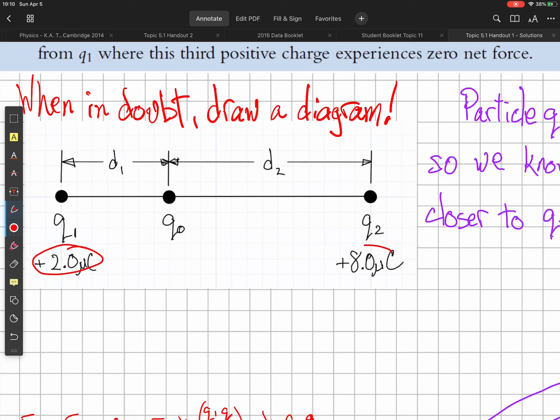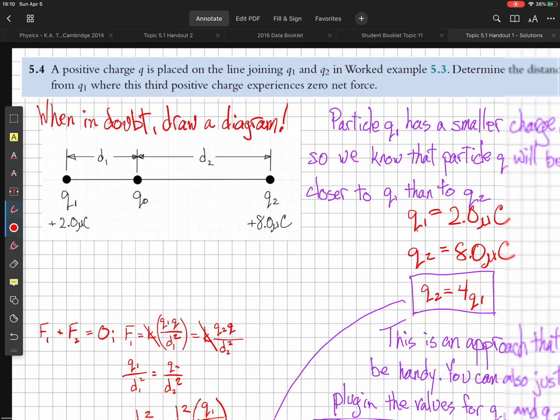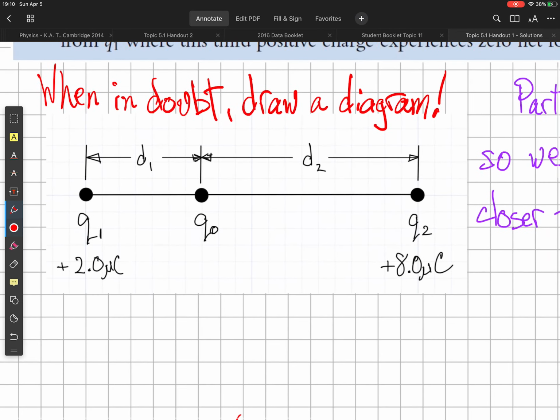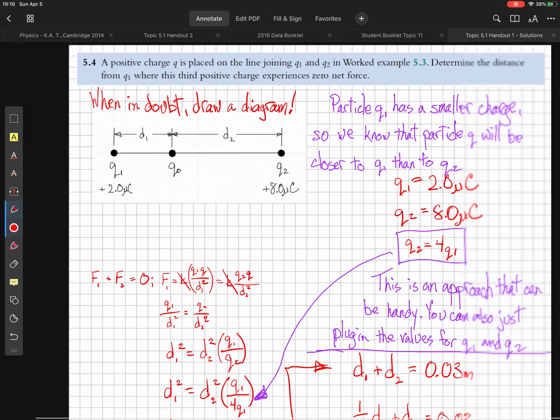Okay, so it's going to be closer to this guy than it is to this guy. And the reason for that is because it is being repelled from both charges, and so the smaller magnitude charge will give less repulsion than the larger magnitude charge.